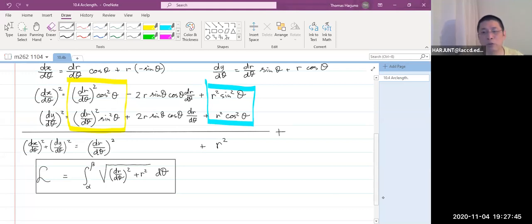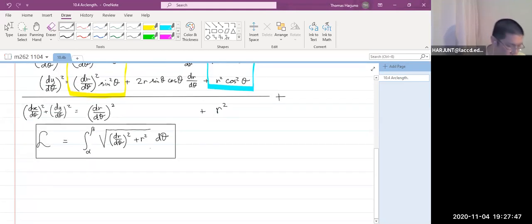Now let's use that to compute, for example, number 46. Number 46, r equals 5 to the theta. And the theta is from 0 to 2 pi.